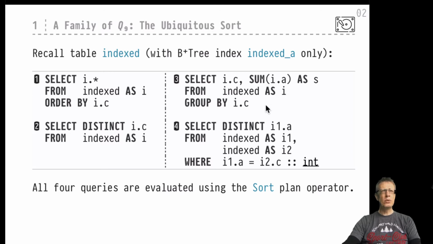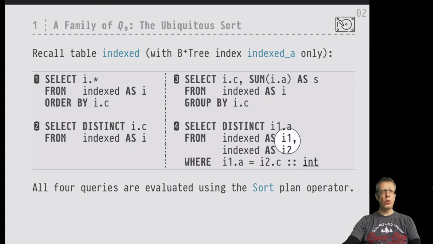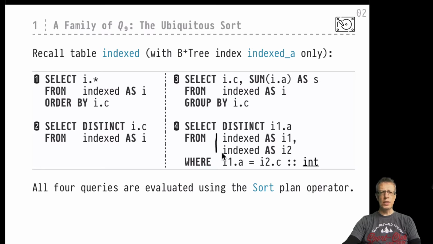It might not be so apparent where sorting comes in when it comes to join queries like this one. You see, this is a self-join query, but that this is a self-join is not really that relevant to our discussion. It's the only table that we are currently looking at, the index table. So to perform a join, let's perform a self-join between the rows of the index table themselves.